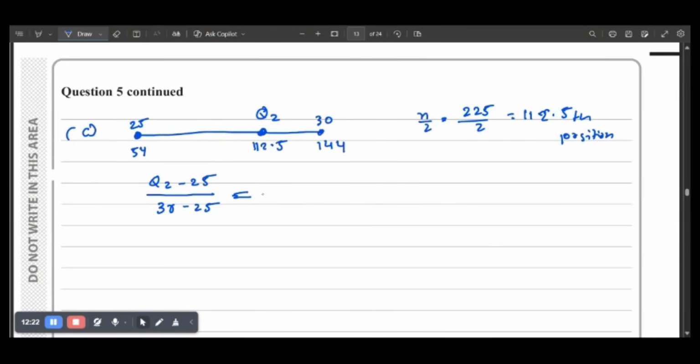Then we can write the corresponding ratio for the positions, for the frequency: 112.5 minus 54 divided by 144 minus 54. We can simplify this.